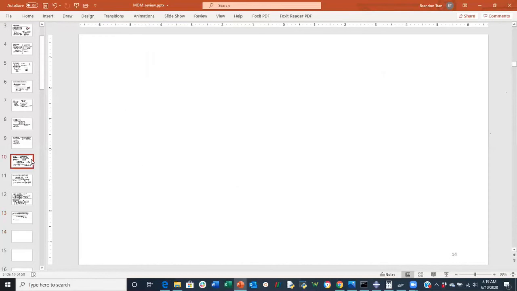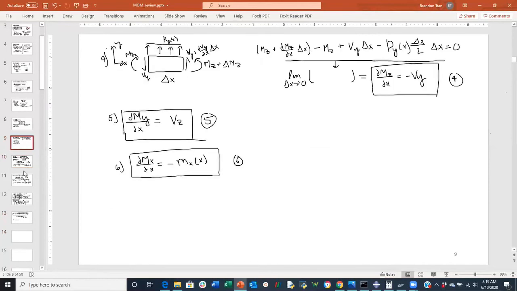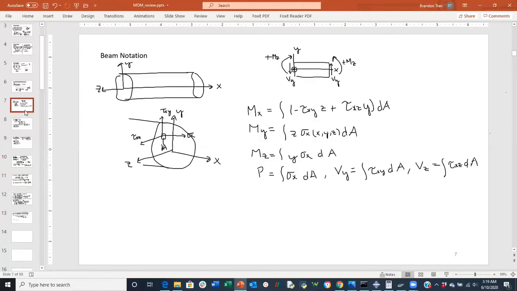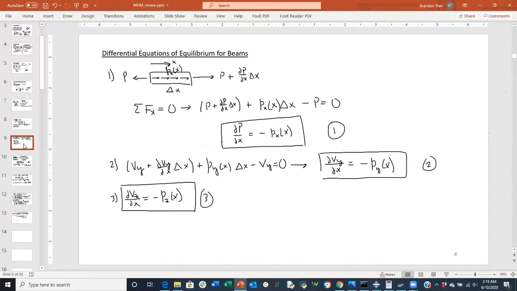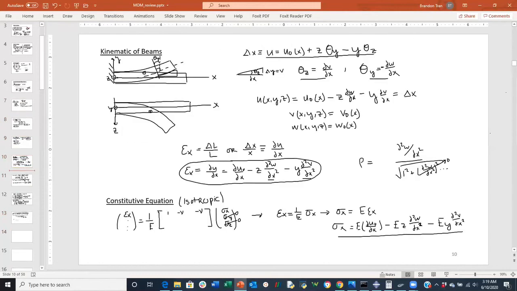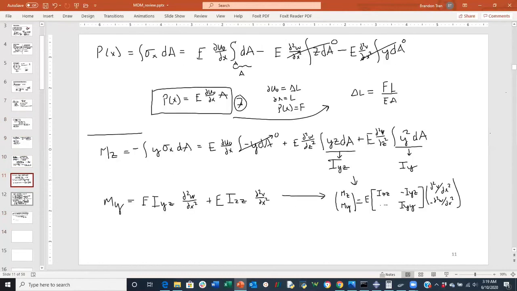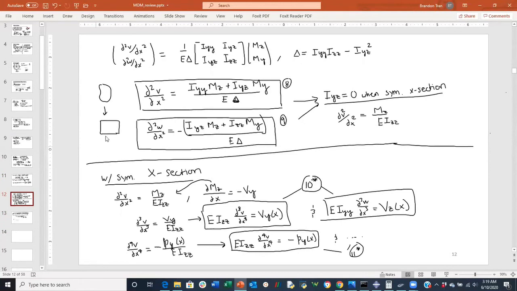So over here, we established that inertia could be separated, or could be split into several components in this matrix equation.